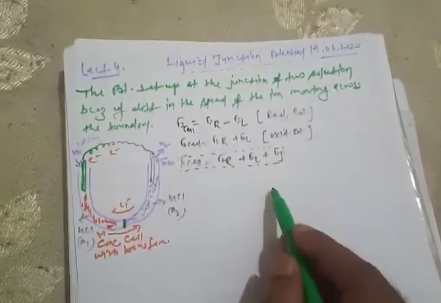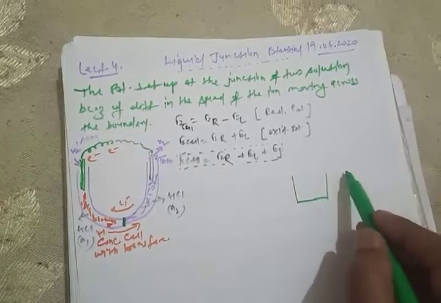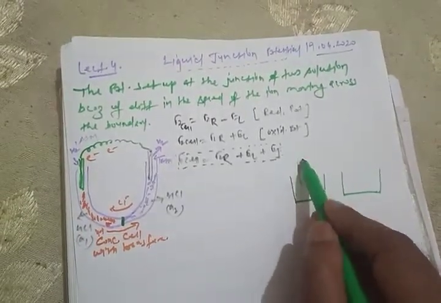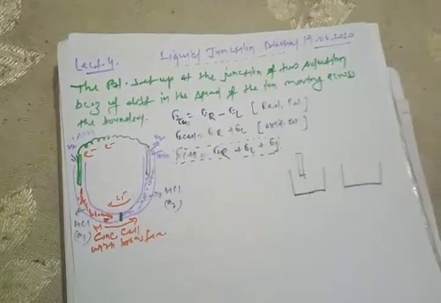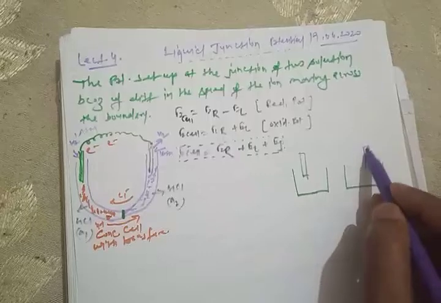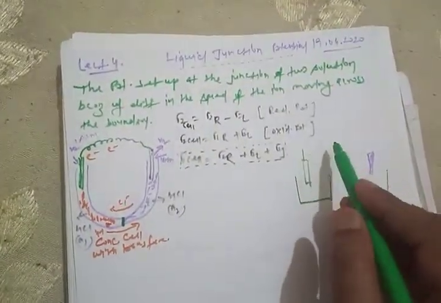Okay, now let's draw another cell. This is the second one. We have taken one electrode here, and then we have taken another electrode here. Okay, and these two electrodes will be connected.